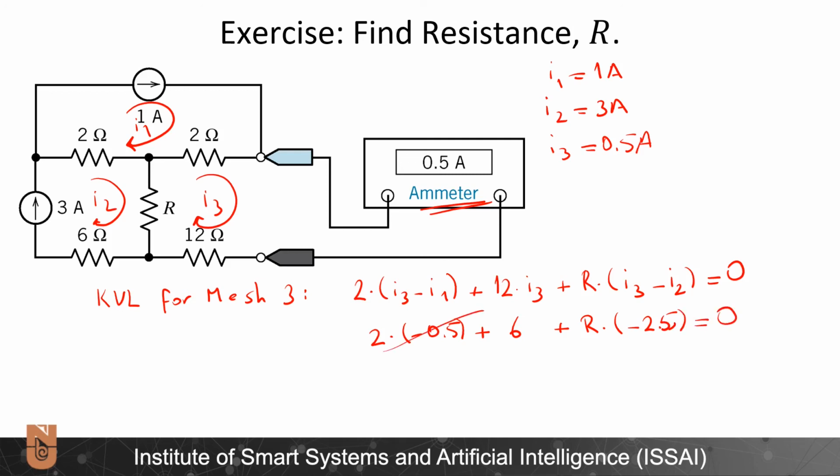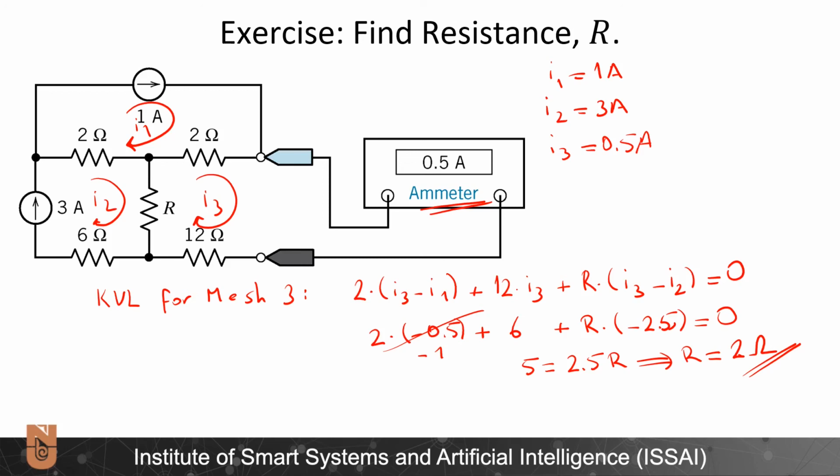From here I get 1 minus 1, and 5 is equal to 2.5 R. Accordingly, R is equal to 2 ohms. So I solved my question.